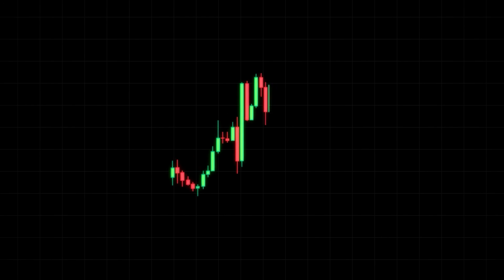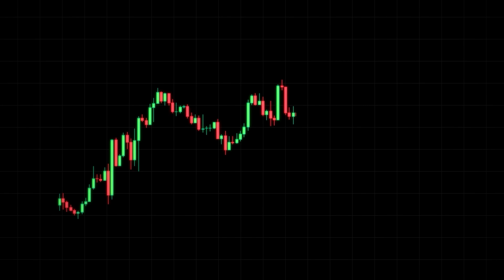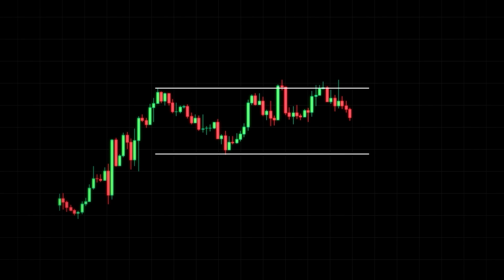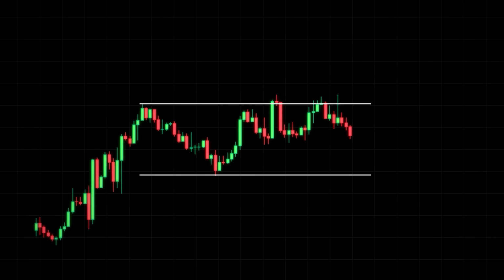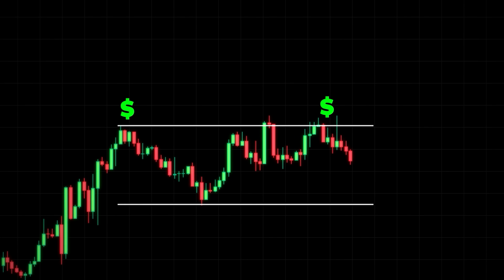Let's take a look at this uptrending market. You can identify this because we have a series of higher highs and higher lows. Eventually, momentum begins to fade and the price starts to consolidate. This is where a trade opportunity may begin to form. Additionally, we have a set of relative equal highs over here.